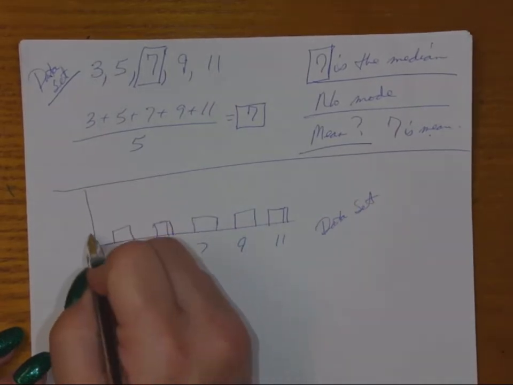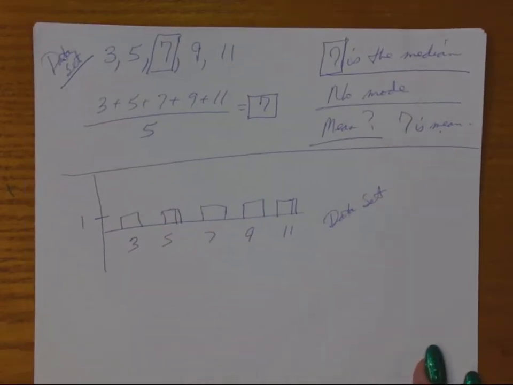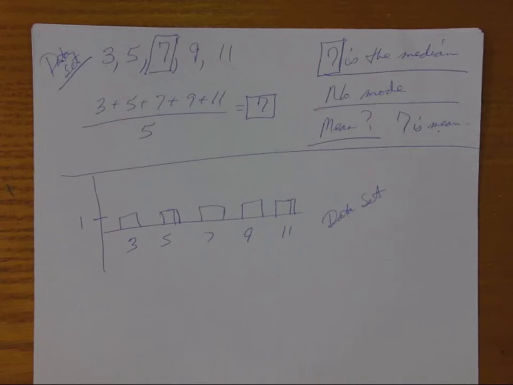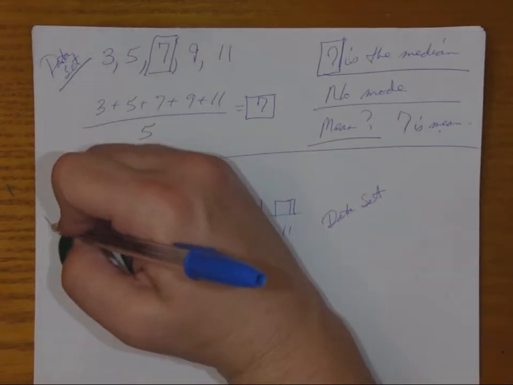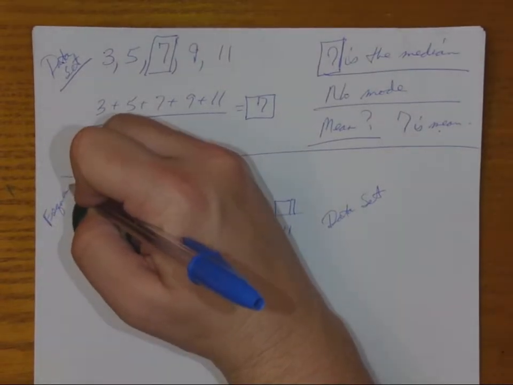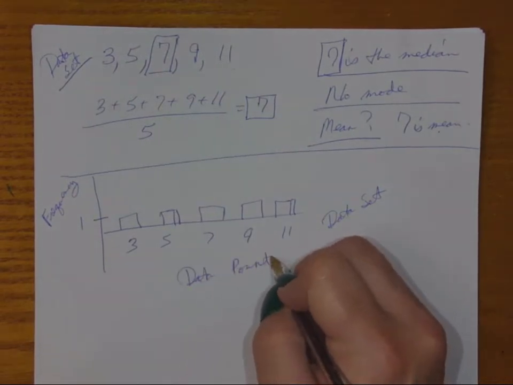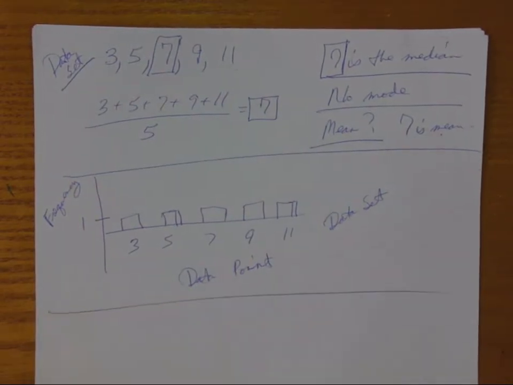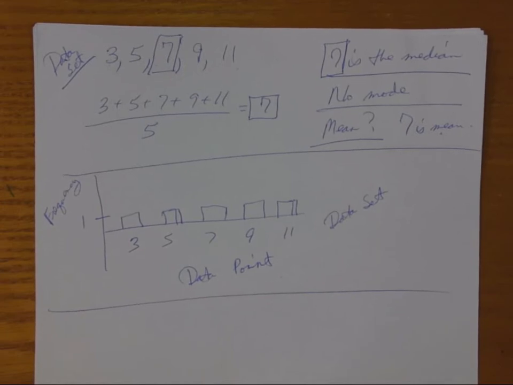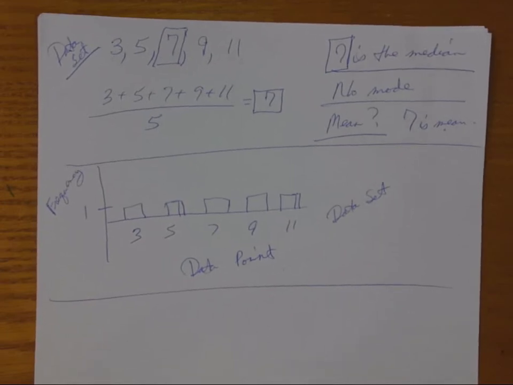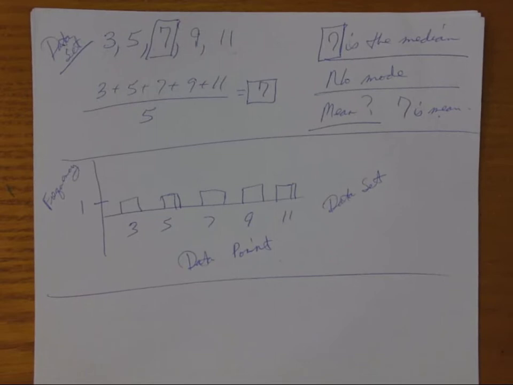They're all 1 unit tall. So they're all the same all the way across. So this is frequency. This is data point. Whatever it was, who knows. This could have been, I was trying to take measurements of size of hands by cubes, and I only had 5 people, and they were all different ages, and they all had different size hands. So that would not be a good data set for trying to play with it.